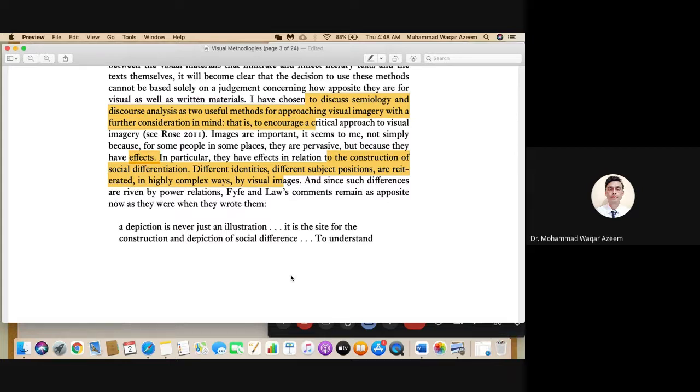So, for example, women will be represented with a certain dress code. Let me put it like that. And that dress code will be so different from the dress code of men.